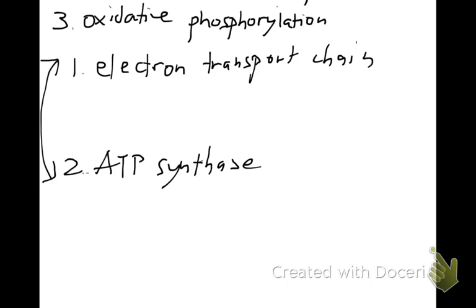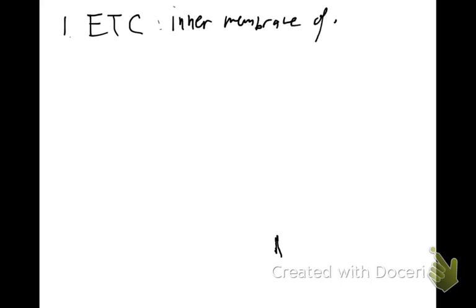With oxidative phosphorylation, the first stage, the electron transport chain, is going to feature the inner membrane of the mitochondria. This is happening at the inner membrane of mitochondria.